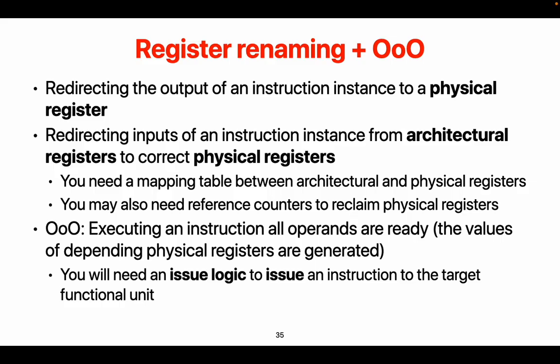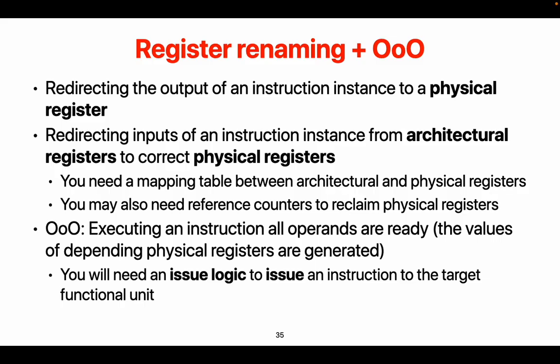Associated with that mapping table, you also want to know how many instructions are referencing that physical register, so that you know when it's okay to reclaim that physical register for other instructions, right? Those are the two main components in the register mapping table.